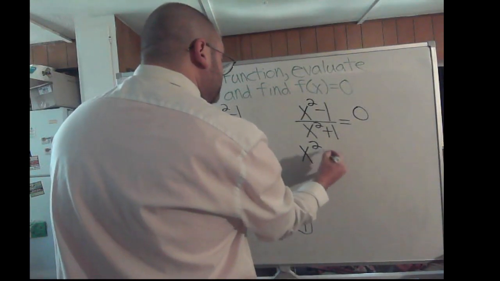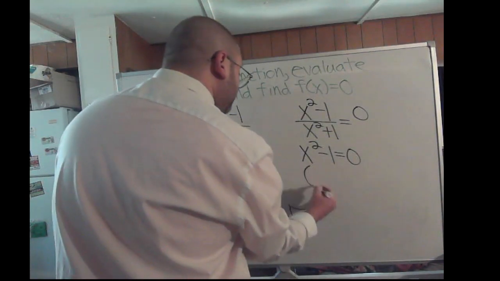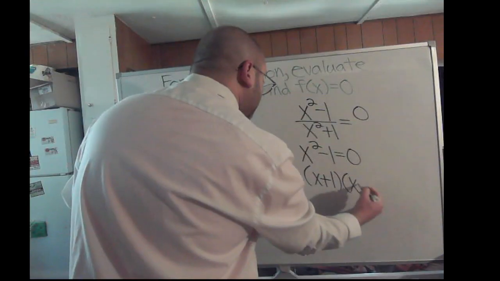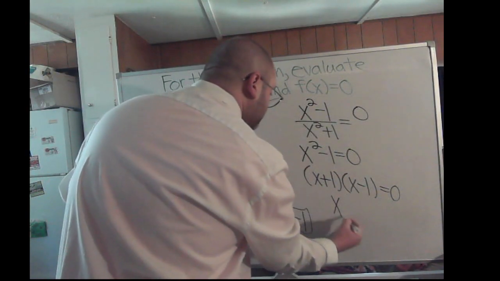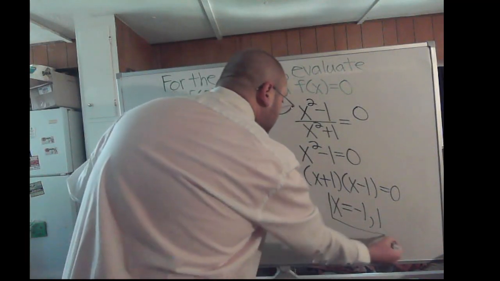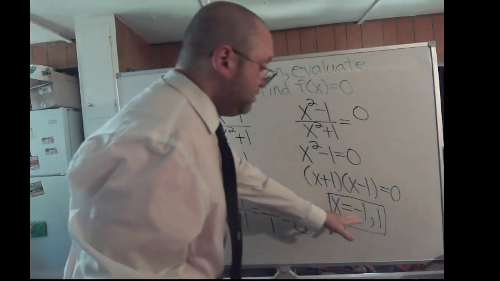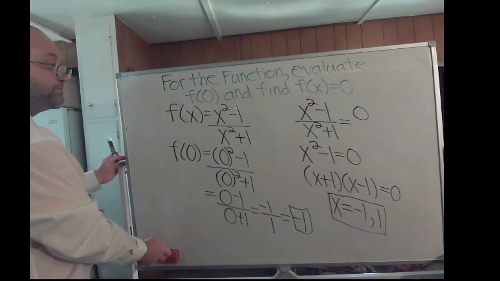You're left with x squared minus 1 equals 0. x squared minus 1 factors into x plus 1 times x minus 1. That'll be set equal to 0. So x will equal negative 1 and positive 1. Those would be your solutions for x for setting the equation equal to 0. x would equal negative 1 or positive 1.